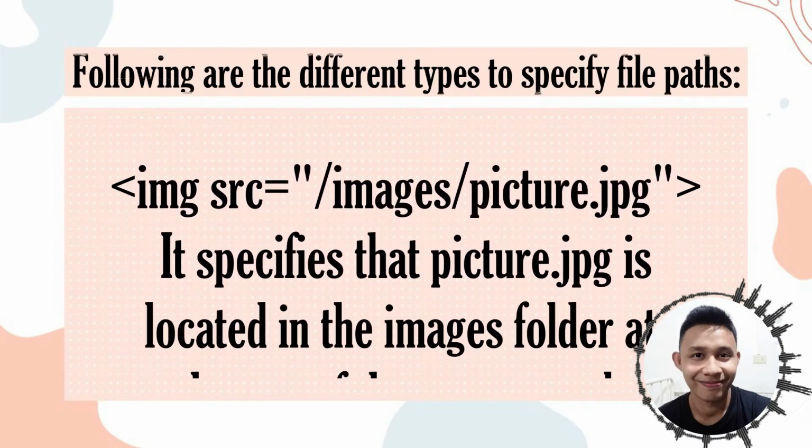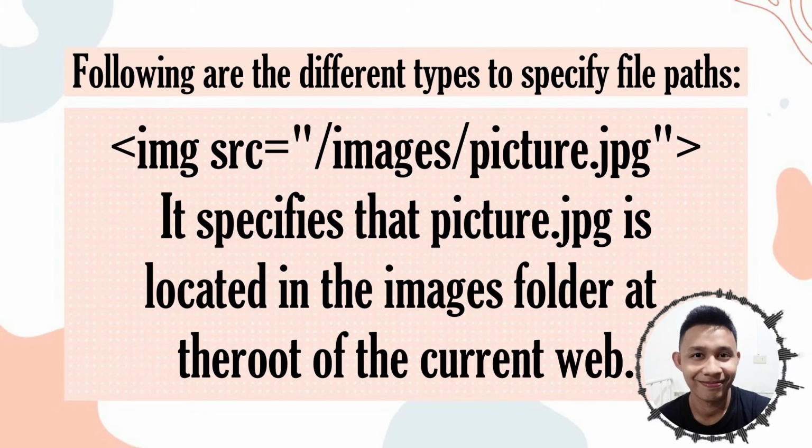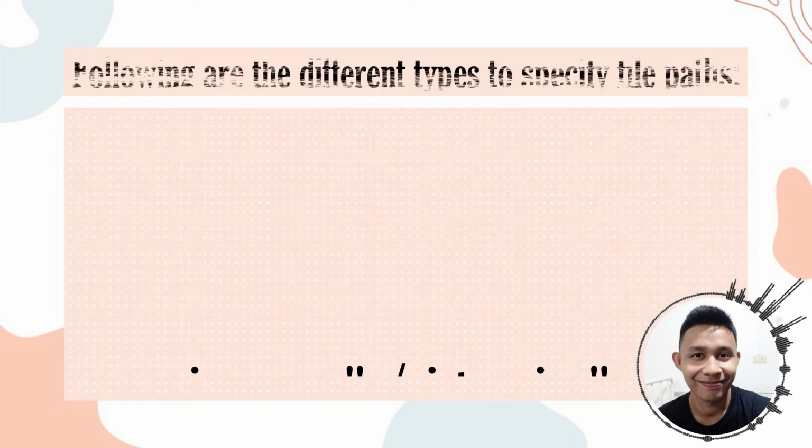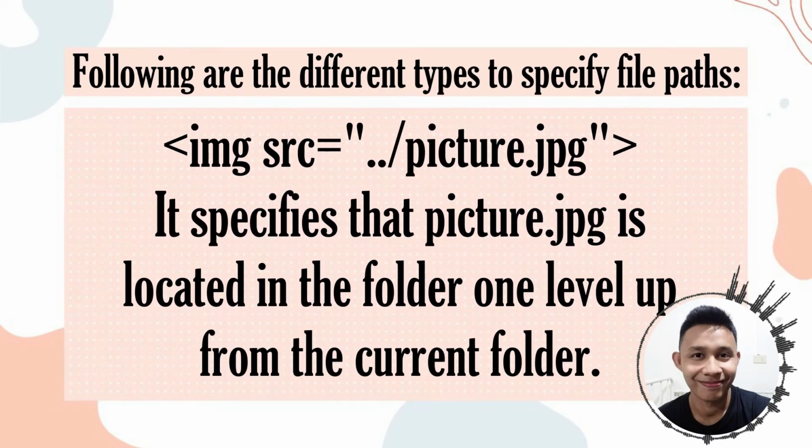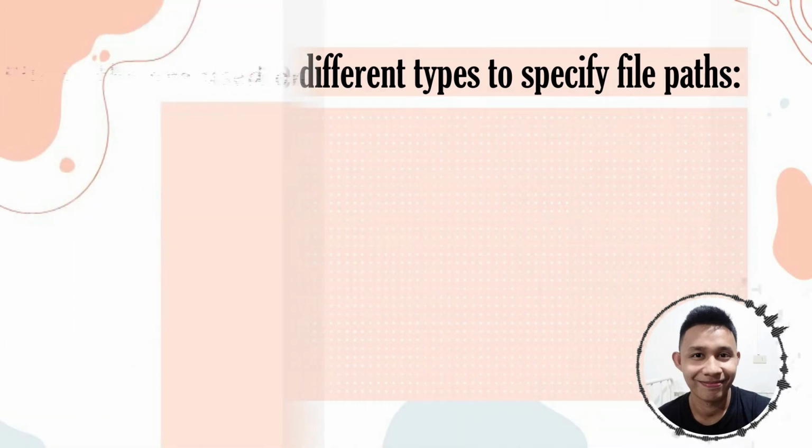The third one, image src equals to slash images slash picture.jpg. It specifies that picture.jpg is located in the images folder at the root of the current web. The fourth one, image source equals to dot dot slash picture.jpg. It specifies that picture.jpg is located in the folder one level up from the current folder.